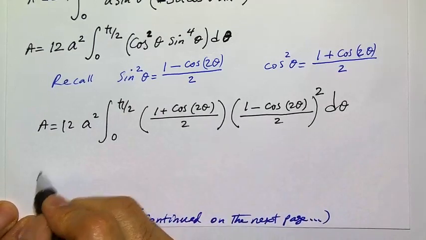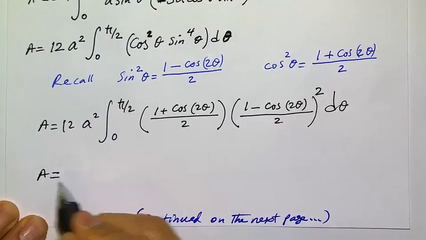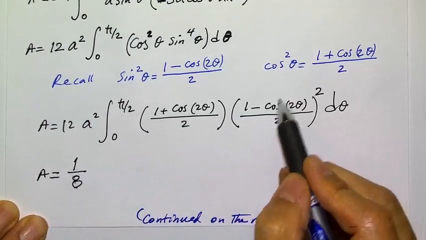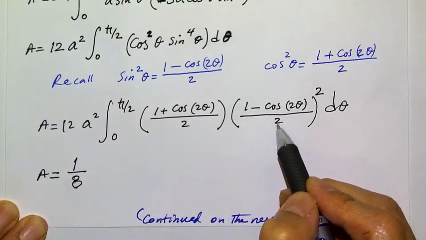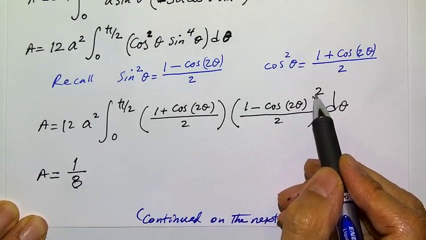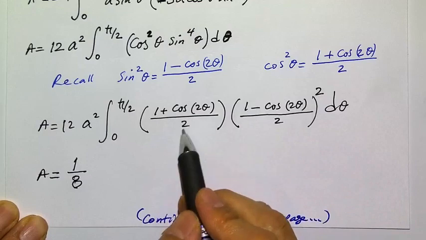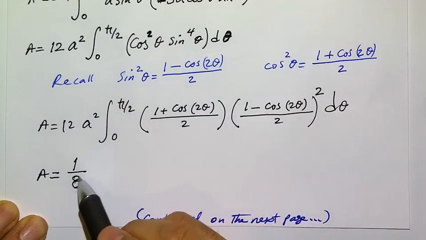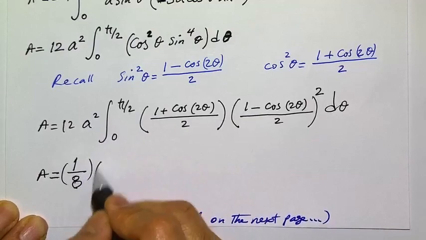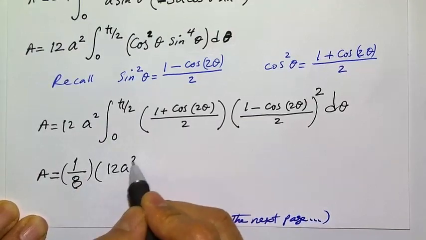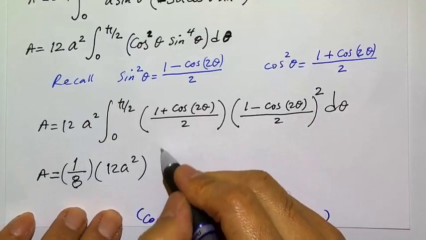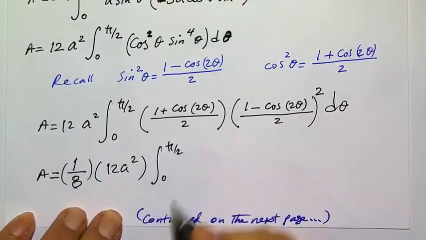So we will say a equals 1 over 8. Again, this 1 over 8 is a 1 over 4 factor from here because 2 squared is 4, and then 1 over 2 from here. 1 over 2 times 1 over 4 is 1 over 8, times the 12a squared we had in front from the get-go, integral from 0 to pi over 2.